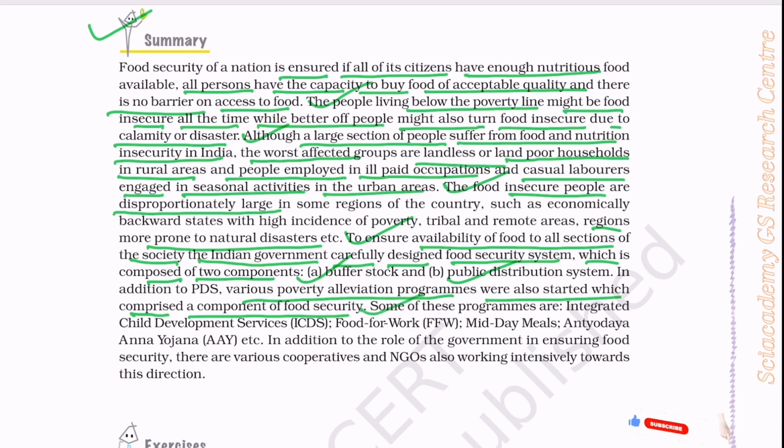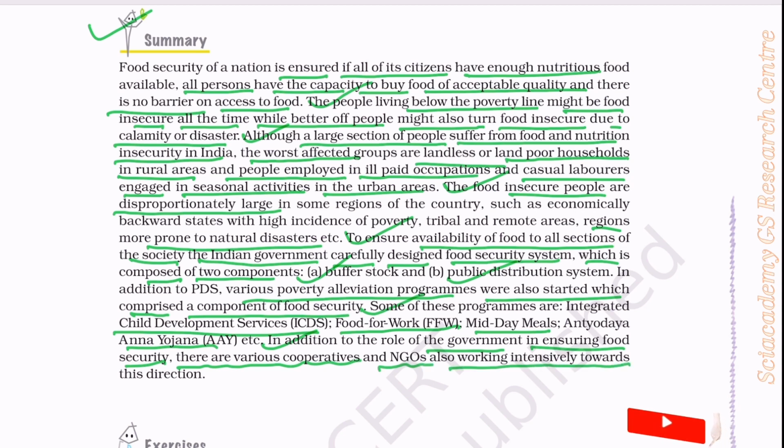Some of these programs are Integrated Child Development Services, Food for Work, Midday Meals, Antyodaya Anna Yojana, etc. In addition to the role of the government in ensuring food security, there are various cooperatives and NGOs also working intensively towards this direction.